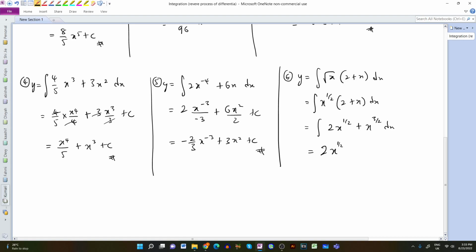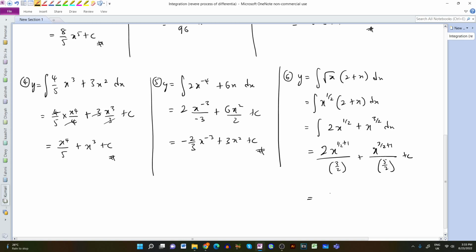1 over 2 plus 1 divided by 1 over 2 plus 1, what is that? Yeah, so did you get to this stage?